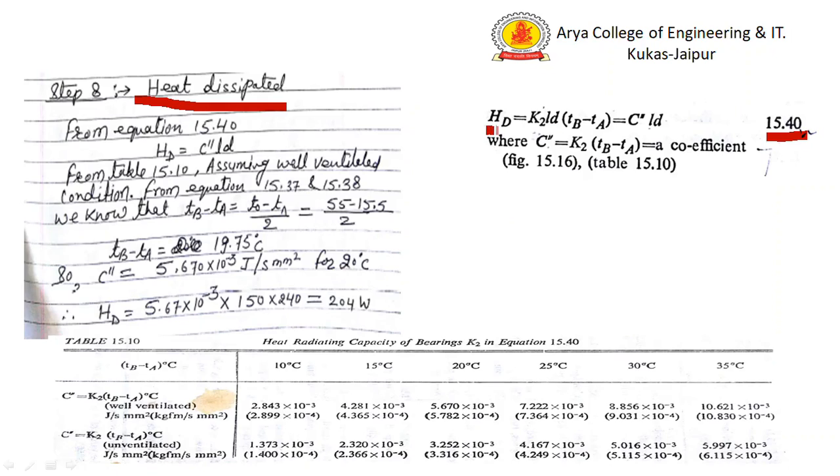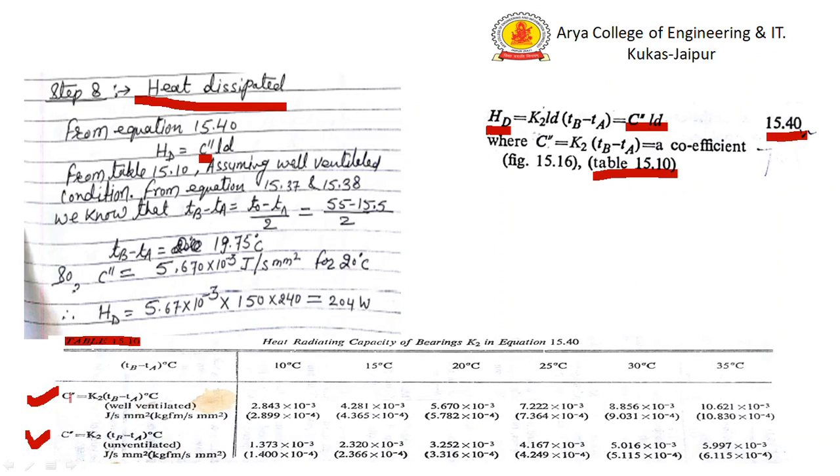So the equation is HD equals C double dash L D. We have the values of L and D, but for C double dash use table 15.10. This is table 15.10. These are the values of C double dash for a well ventilated bearing, and this is the value for an unventilated bearing.